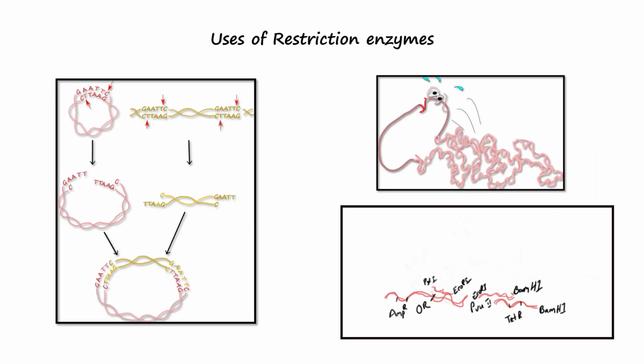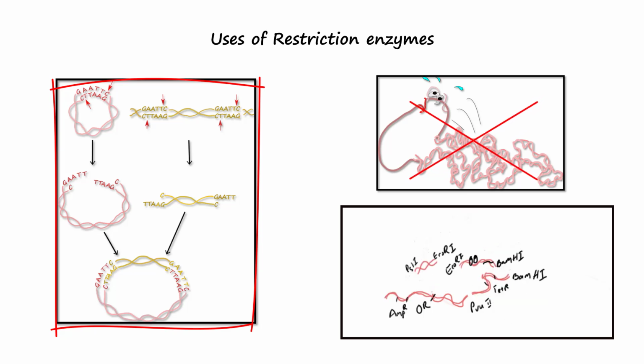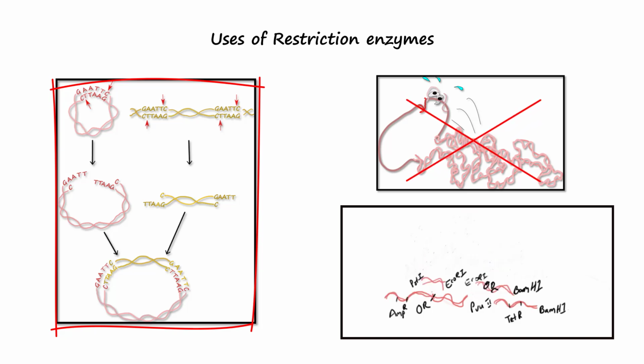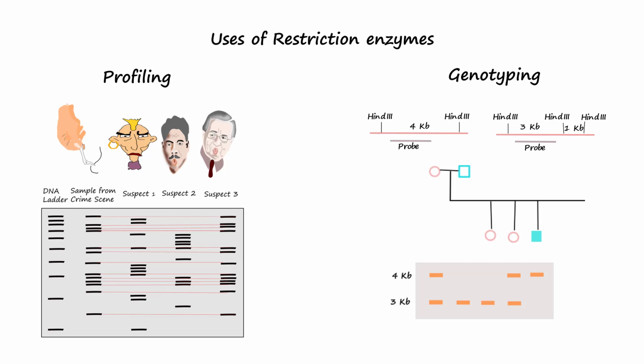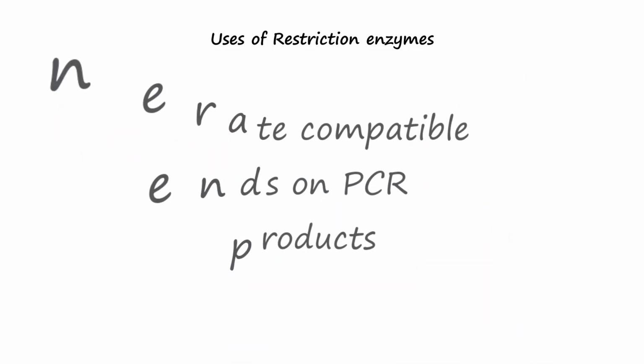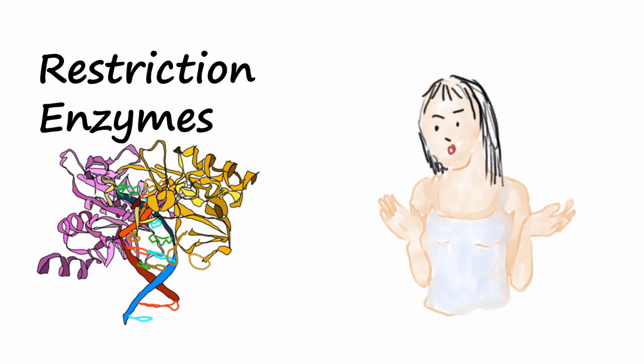Recombinant DNA technology uses DNA cut to a short fragment that is suitable to be inserted into a vector, and the vector is also cut, but not so many times as to make it difficult to put it together again. DNA profiling and diagnostics uses specifically cleaved DNA so that the results can be replicated. And the list of restriction enzyme uses goes on, showing how important restriction enzymes are in biotechnology.